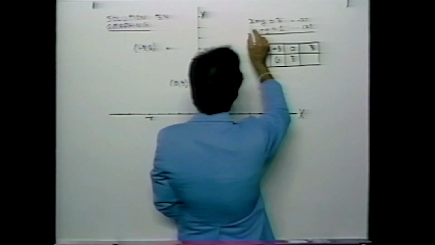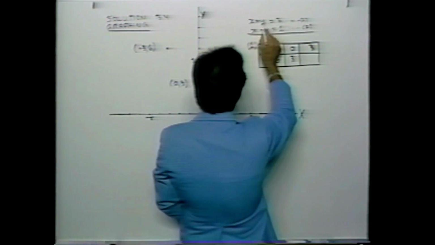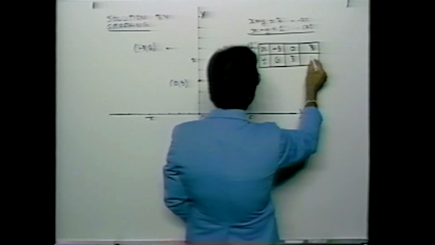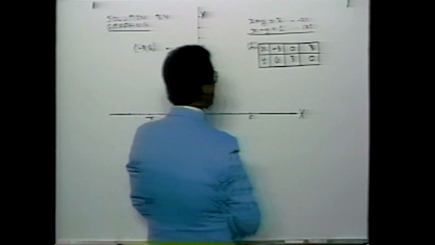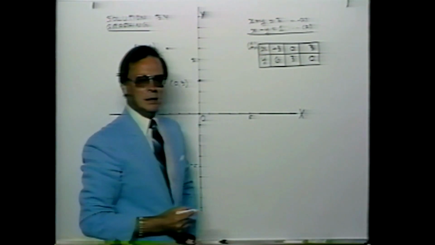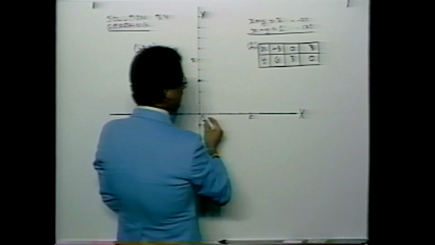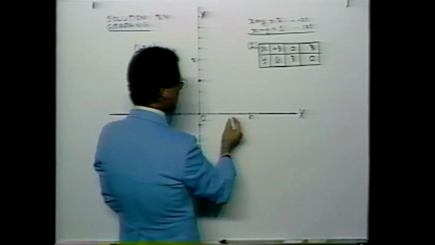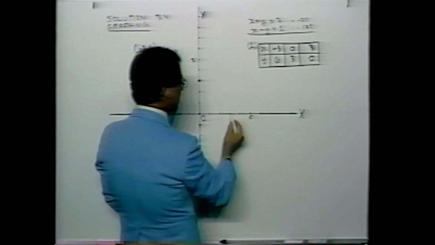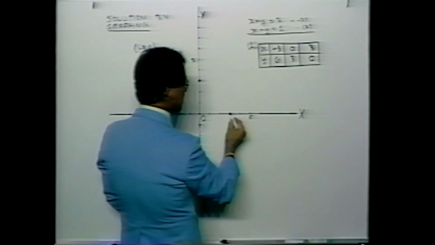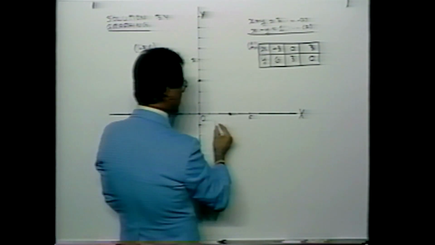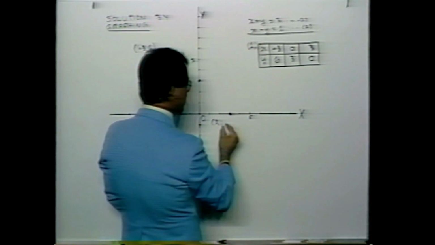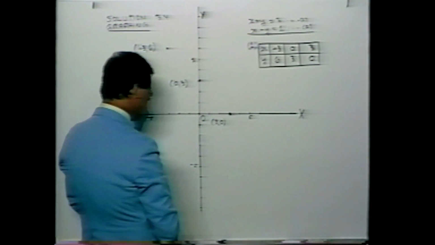So if x is 3 now, and you solve for y, subtract 3 on this side, you end up with 0, and so 3, 0 are the values for x and y. Putting this on the graph, x is equal to 3, so we go 1, 2, 3. Y is 0, which means you don't go up nor down, and that therefore is the point, and we'll write its label, I suppose we can refer to it as, or its coordinates, 3, 0.